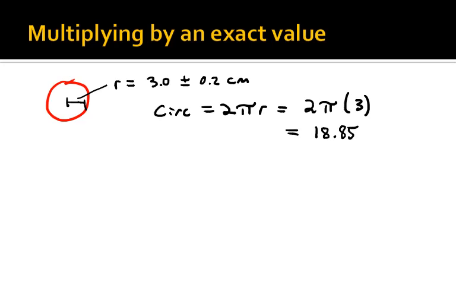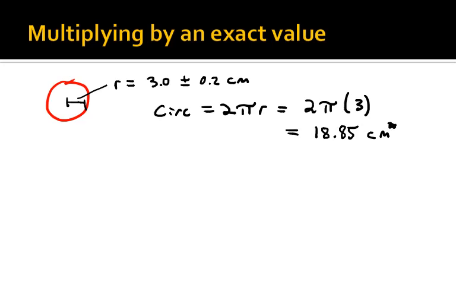And, rounding the uncertainty, we can do that as well. So, that would be centimeters squared. No, just plain centimeters, right? How far it is, so just centimeters.